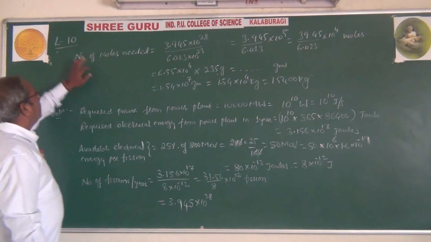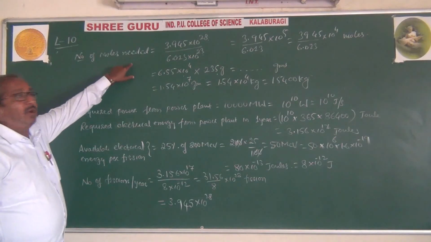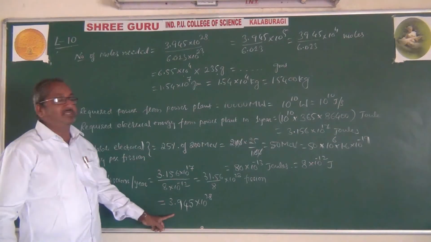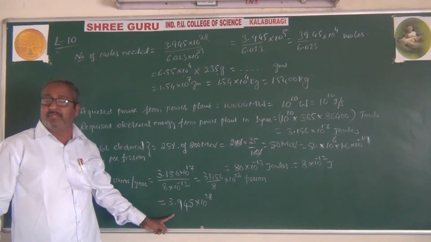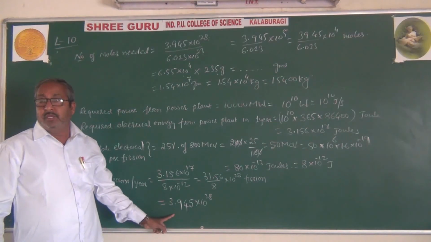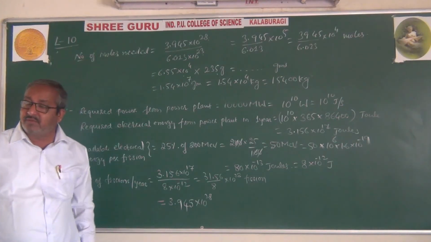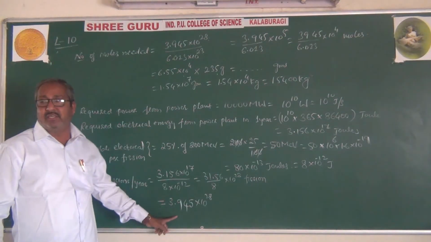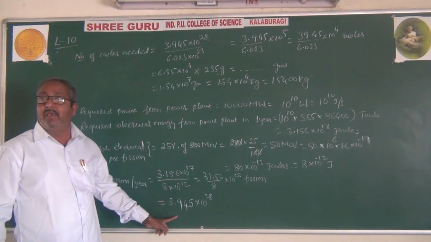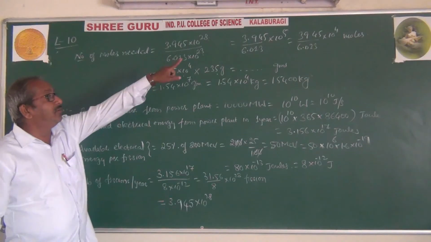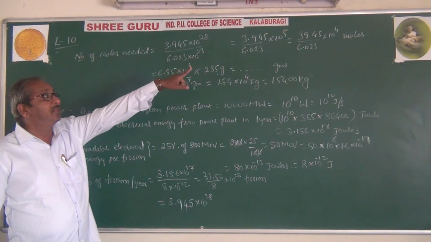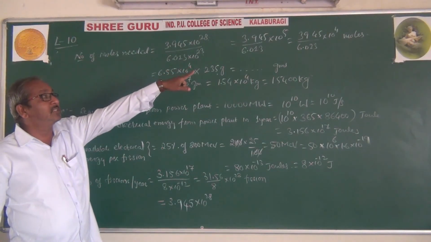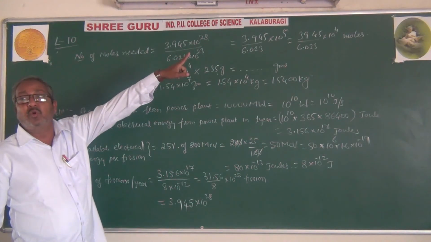Now the number of moles which is required: in 1 mole how many atoms are there, which is equal to Avogadro's number. So therefore this total number of fissions will be divided by Avogadro's number. Then we will get the number of moles, 34.45 divided by 6.023 into 10 raised to 4 moles.